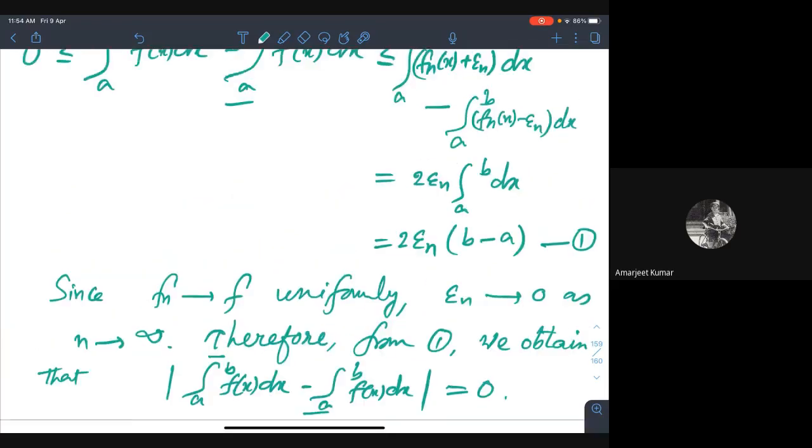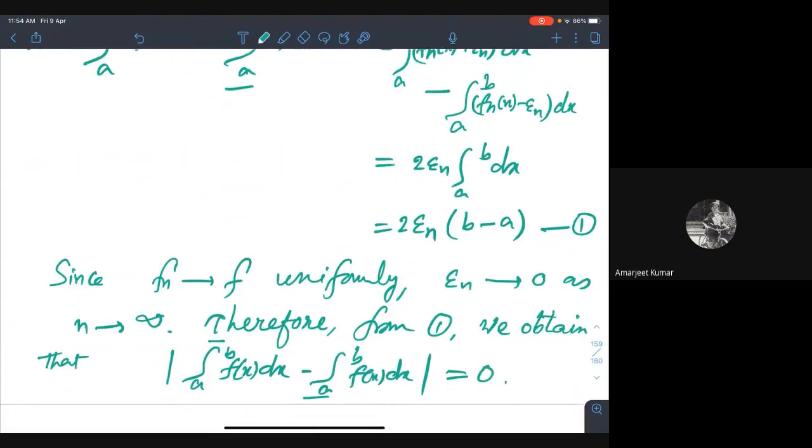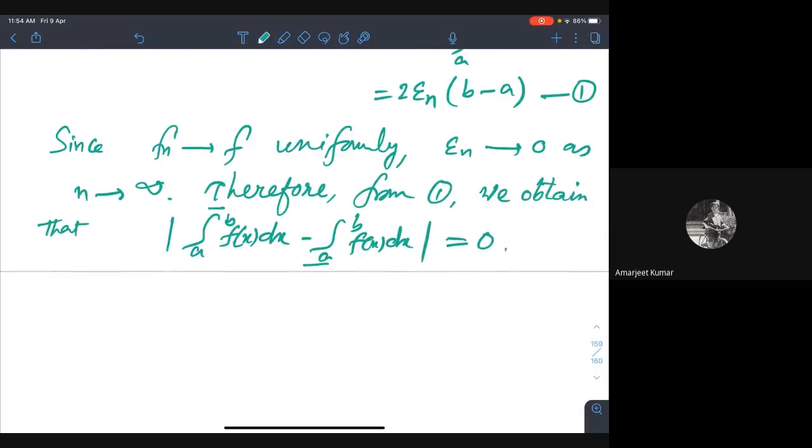Right? You take n tends to infinity, and this right side goes to 0. This implies the lower integral is equal to the upper integral of f(x) dx.